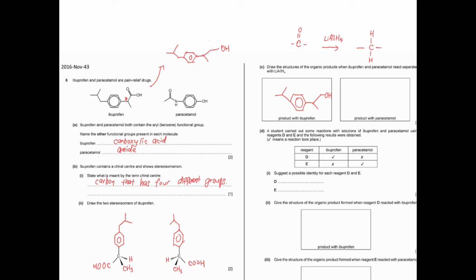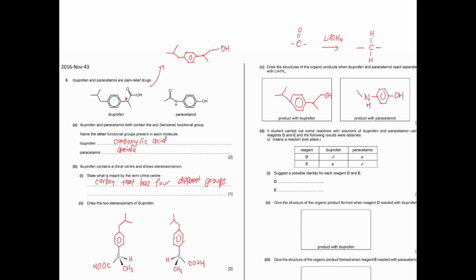So this is the first structure. Likewise, over here, you can see the C double bond O. The C double bond O, you change to CH2, like what we discussed just now. So after doing so, our structure should be OH, NH.